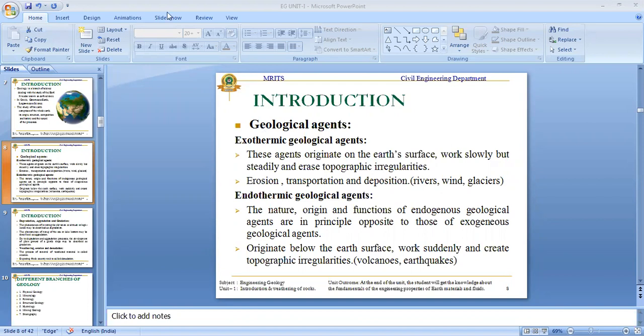The endothermic geological agents are nothing but the agents which act upon the inside of the earth, and which are in a discontinuous process. Means for some years, and in frequent years, the changes are going to happen. Those are the volcanoes, earthquakes, and the pressure and heat which is coming from inside.